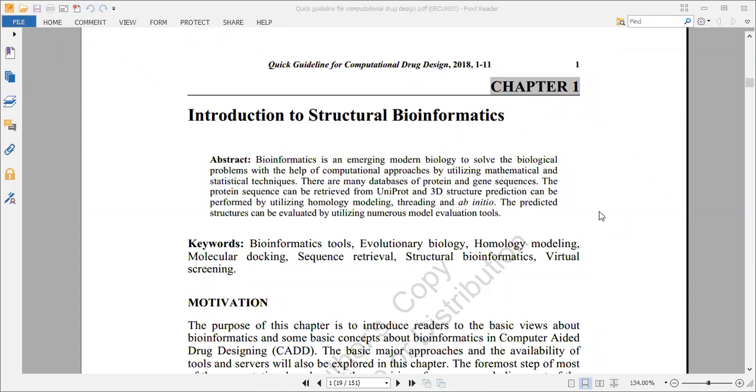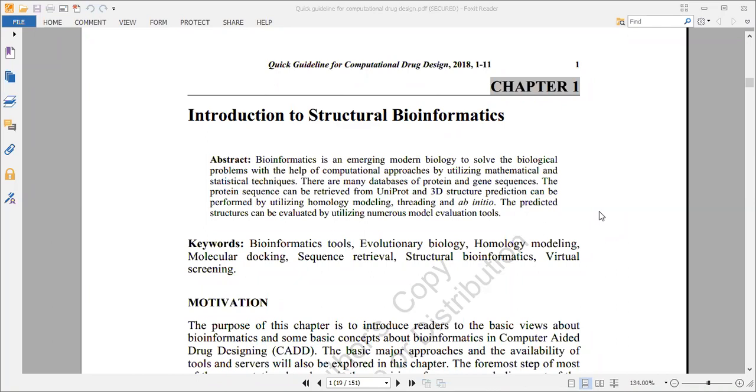So we were discussing structural bioinformatics, in which the structural domain of bioinformatics will be discussed, the structure prediction of protein, how to predict the structures, which approaches will be used, like homology modeling, threading, and ab initio. As I remember, we already studied these structural approaches: homology modeling, also known as comparative modeling, threading, also known as fold recognition, and ab initio.